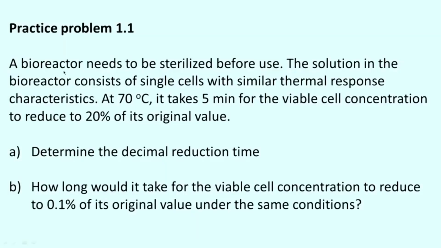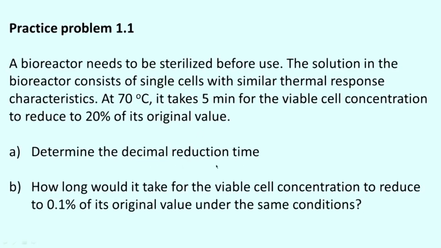The practice problem reads: a bioreactor needs to be sterilized before use. The solution in the bioreactor consists of single cells with similar thermal response characteristics. So, it is going to be a single line that is dropping. At 70 degrees C, it takes 5 minutes for the viable cell concentration to reduce to 20% of its original value. A, determine the decimal reduction time.